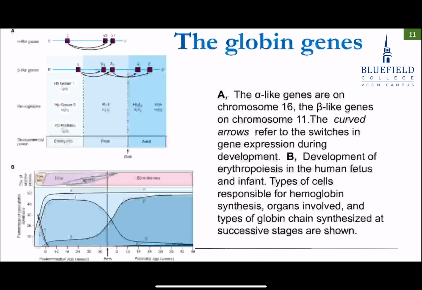So embryonic erythropoiesis takes place mostly in the yolk sac, and then in the liver after around week 12, the liver also contributes and takes over the process. So this panel kind of matches this diagram.